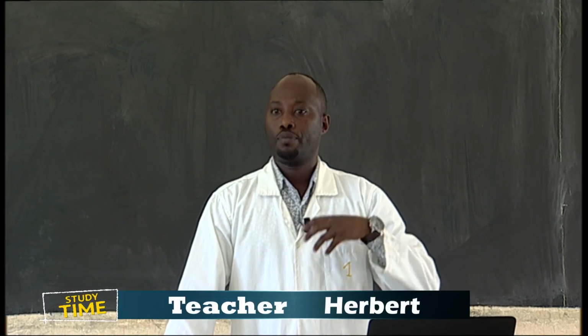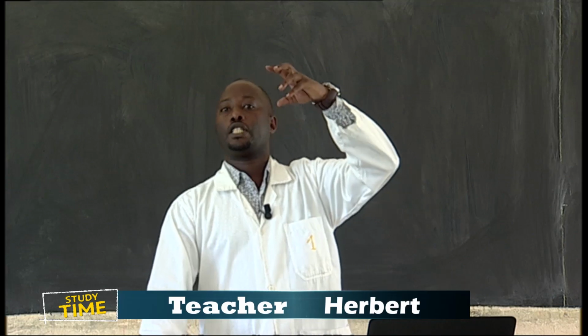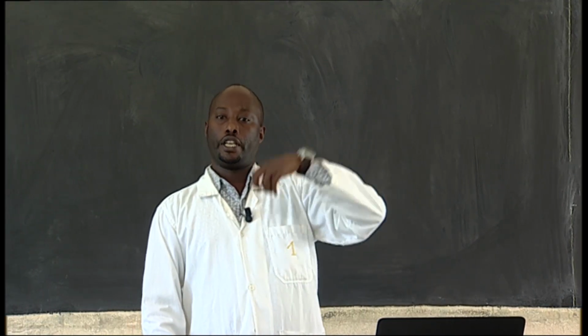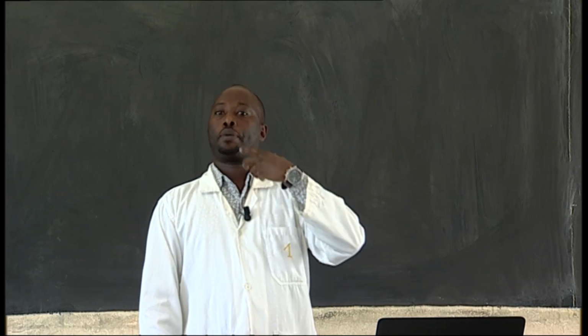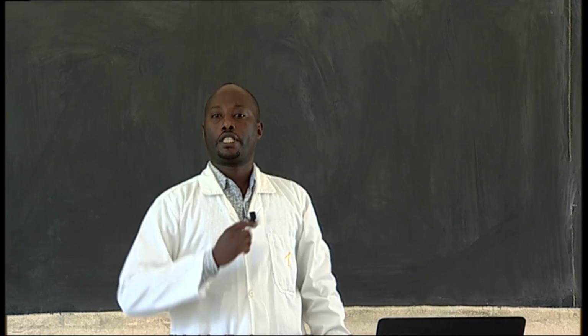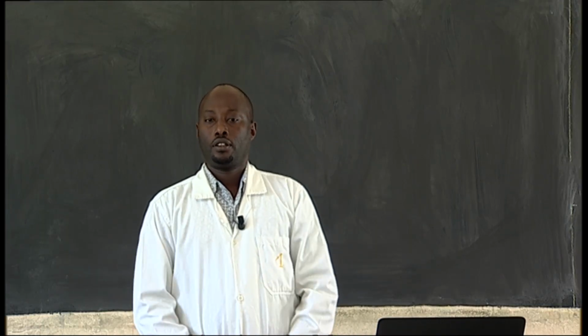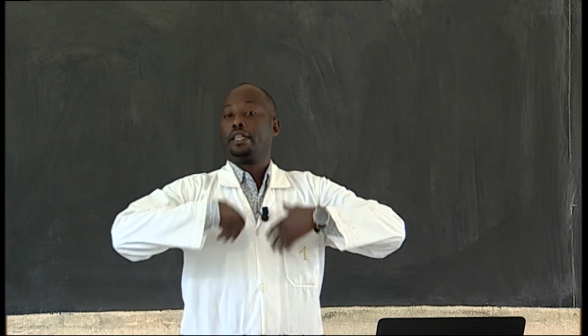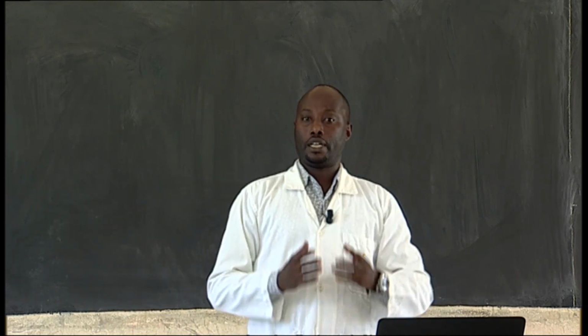When the atmospheric pressure is very high compared to the internal pressure, that involves inhalation. And when atmospheric pressure is much less than the internal pressure inside the lungs, what will happen? We do what we call exhalation. That is the breathing out and breathing in mechanism.